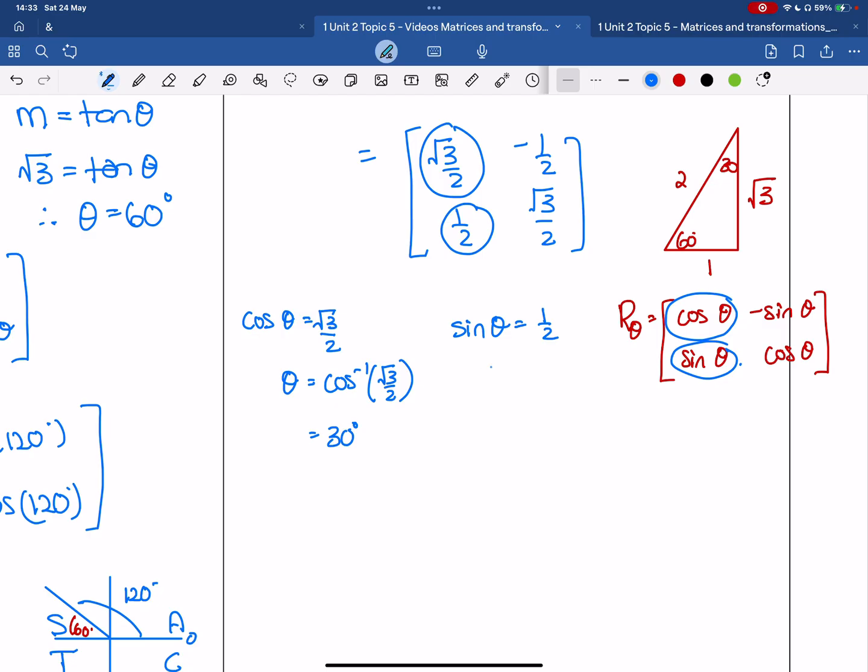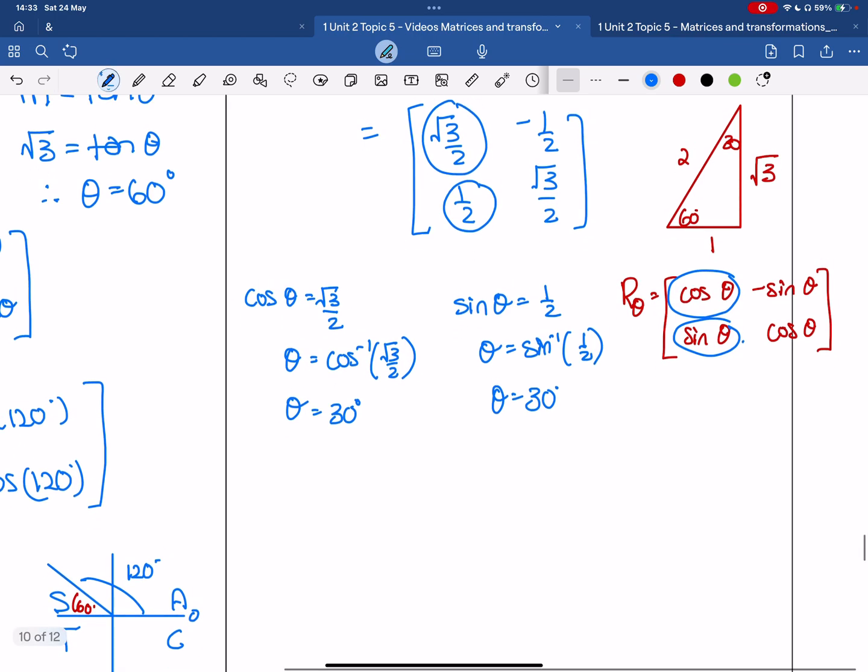That means that theta is going to be inverse sin of a half, and if I have a look here, well, sin 30 is also going to be a half.